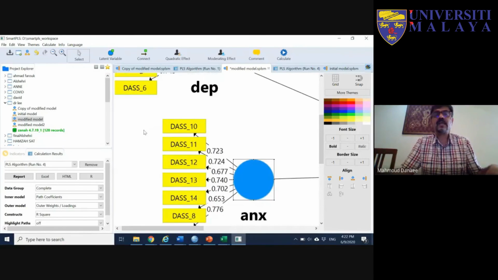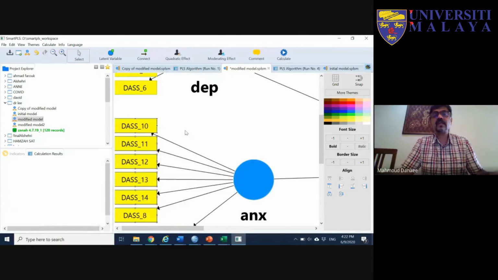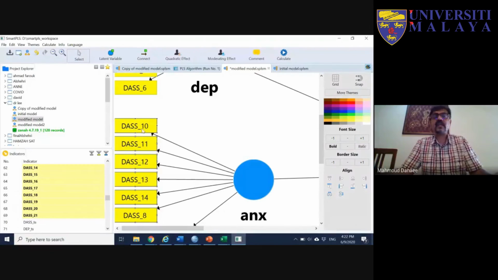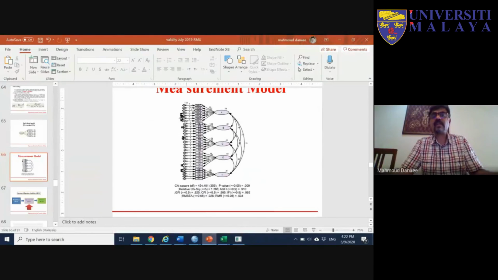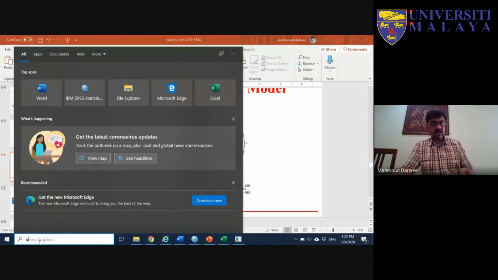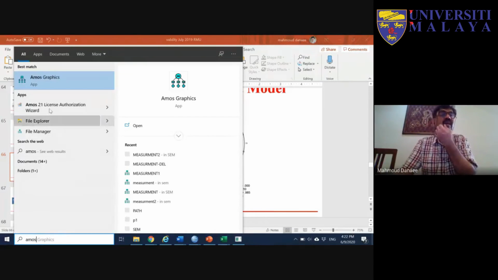As you can see here, the direction between indicators and construct is reflective. Almost all of them are reflective.